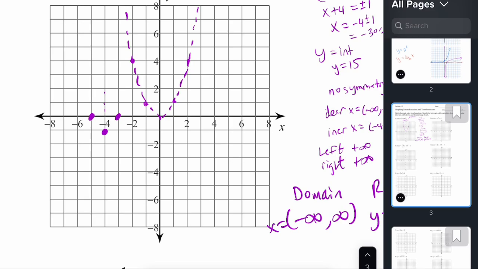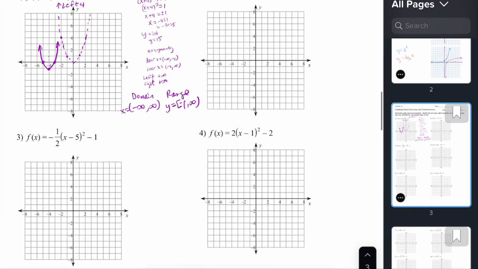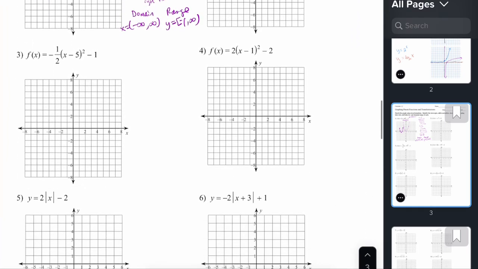Makes me hit those points exactly. Sorry. Why aren't I hitting those points right? That is what my graph should be. I apologize. Okay, so that is 1 through 4.